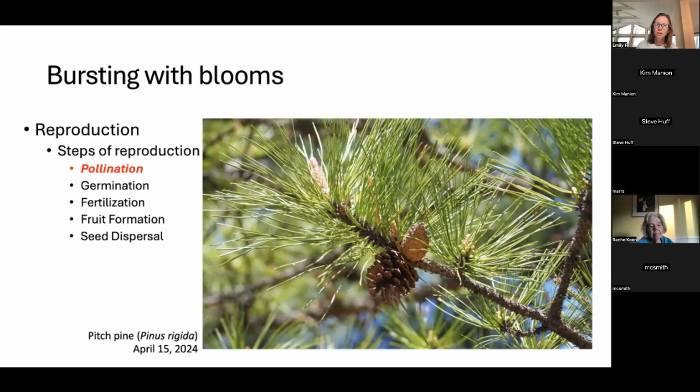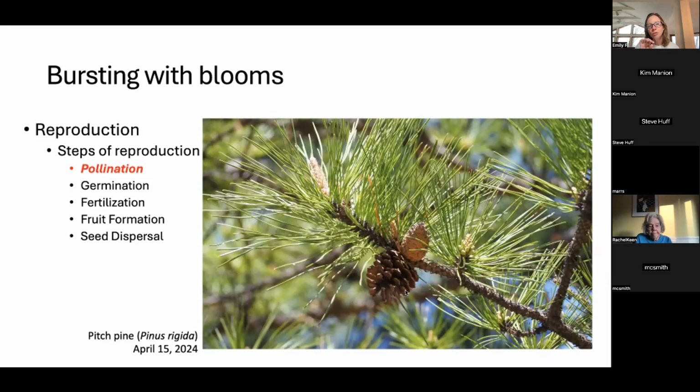The first step of reproduction is pollination, and we're going to focus on that tonight. But then there's the germination, that is the movement of the pollen grain down to actually provide fertilization of the egg. And then we have the fruit formation, and then eventually seed dispersal to create a new plant.